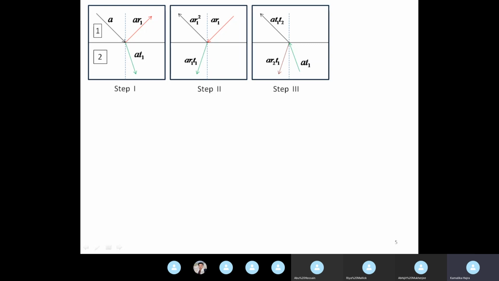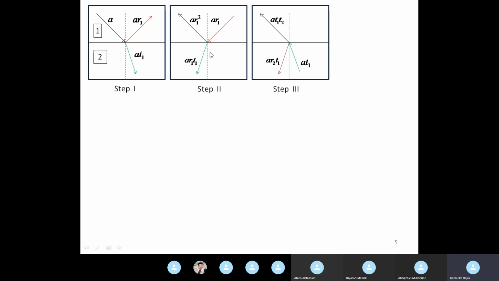What part will be reflected or transmitted is decided by the reflection and transmission coefficients, and these are specific to the media concerned for a particular incident light ray.